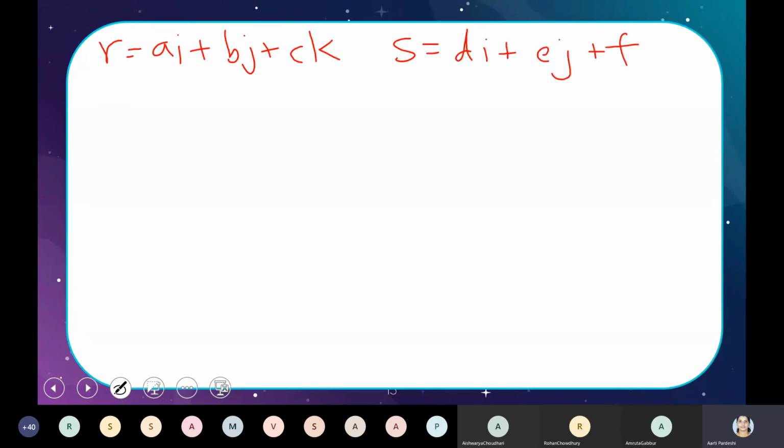So R is AI plus BJ plus CK. S is DI plus EJ and FK. Now, what I want to do is R dot S. So it is simply nothing but take this into this.